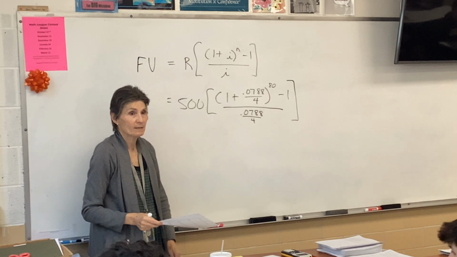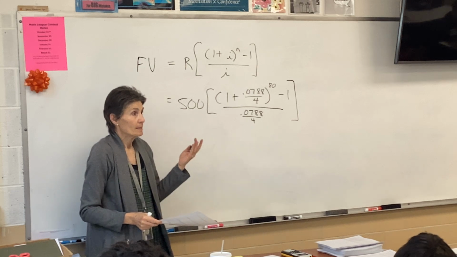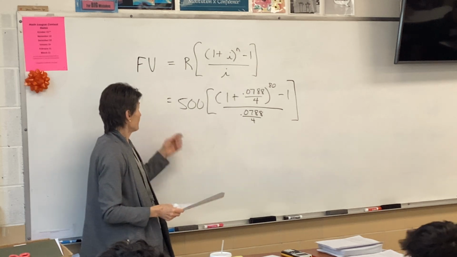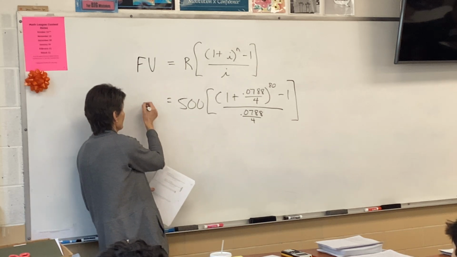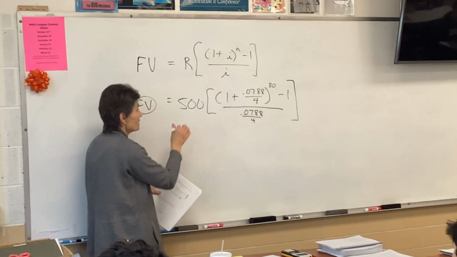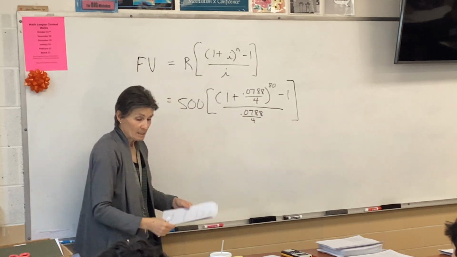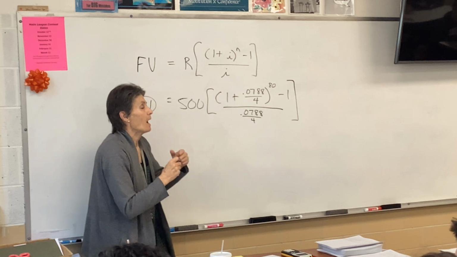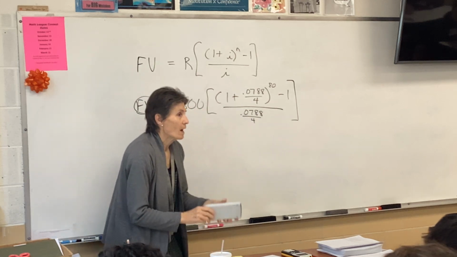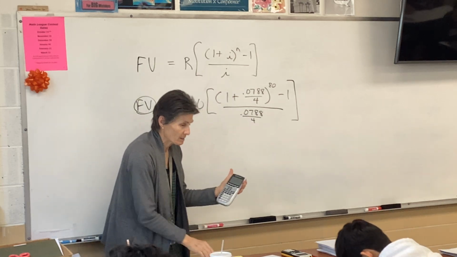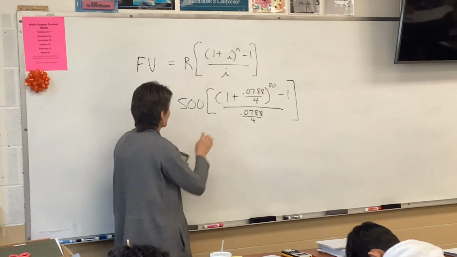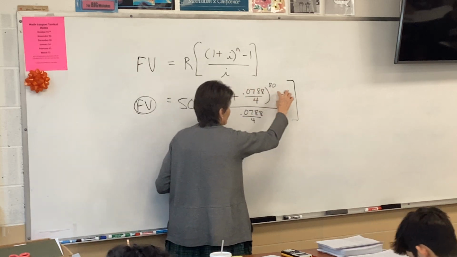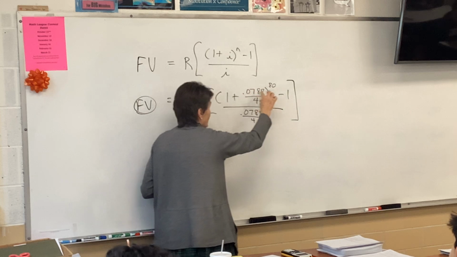Is everybody okay with this? I'm solving for the future value here. So I just got to type that in. You will do it however you want. I find it easiest, personally, to type in my numerator exactly as it's written.